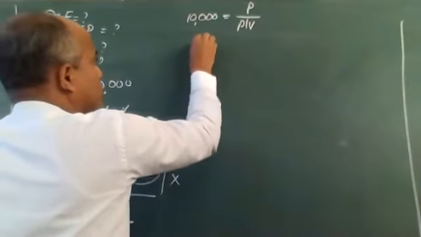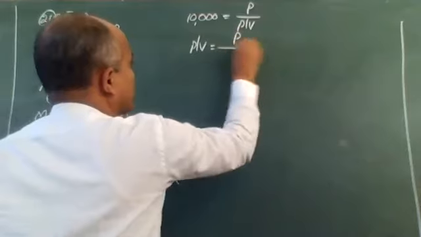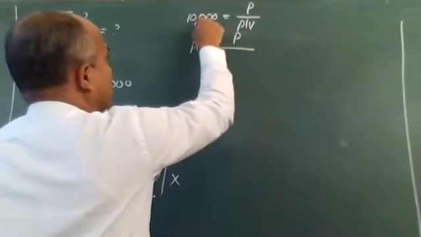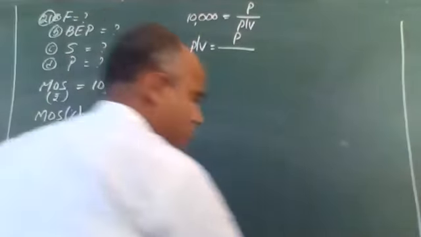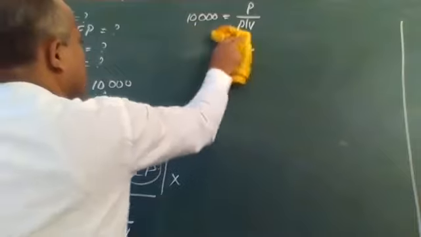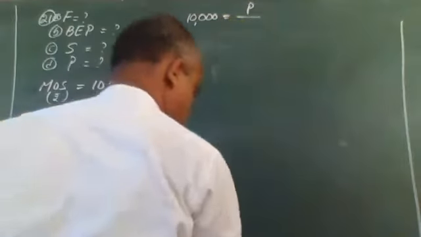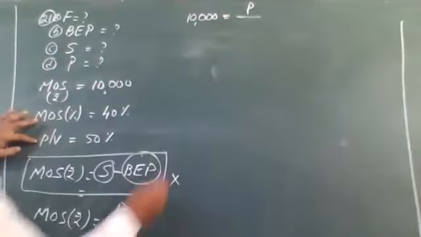So the PV ratio comes to this side, and profit is the question mark. PV ratio is 50%.